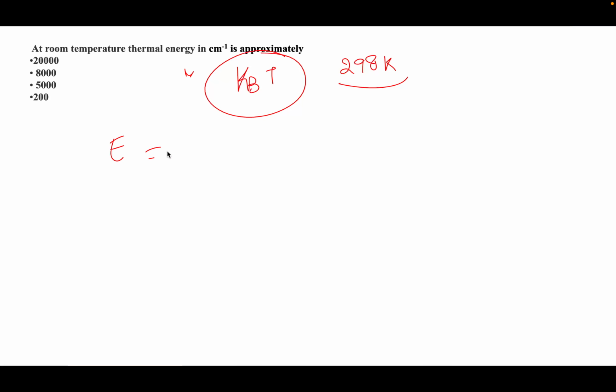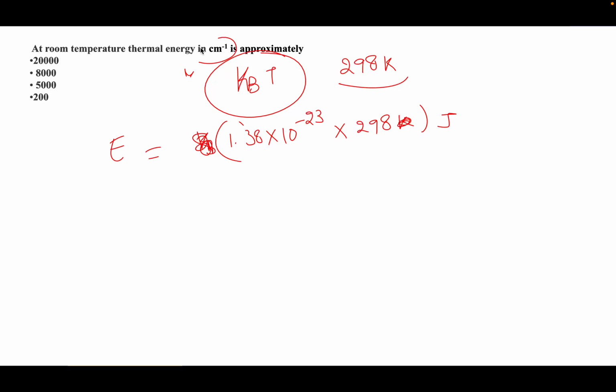So the energy is kB, the Boltzmann constant, 1.38 into 10 to the power minus 23, into the temperature 298 Kelvin. This energy is in joules.